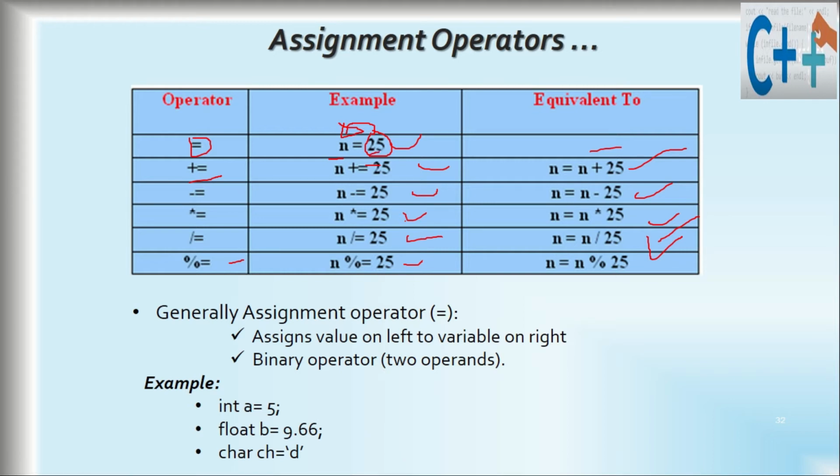Example: int a equals 5. Float b equals this value. And char ch equals the character value 'd' under quotation. This is assigning a value to a character.